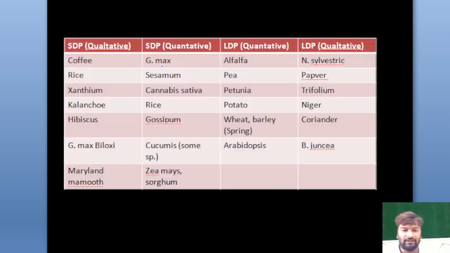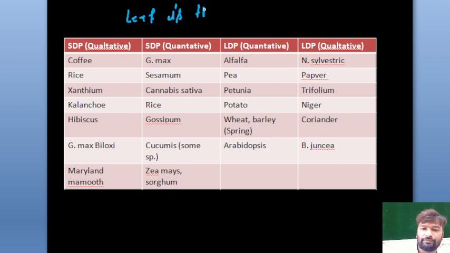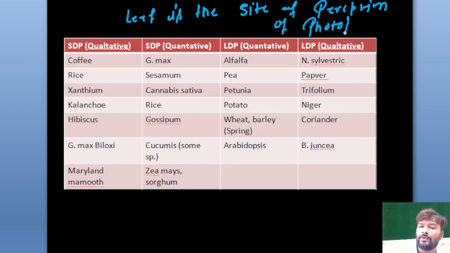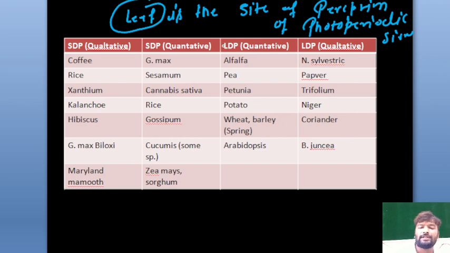This is the classification of plants. But the leaf is the site of perception of photoperiodic signals.